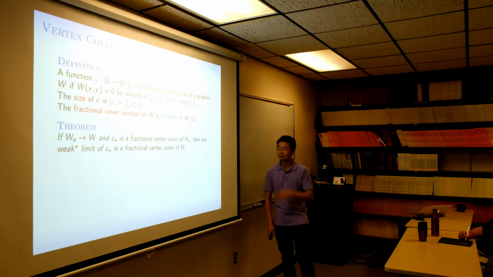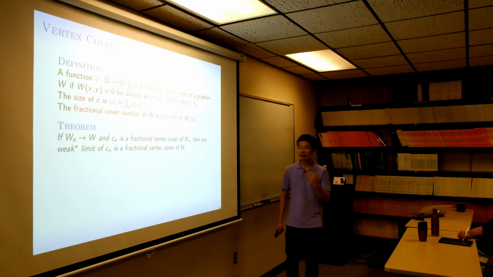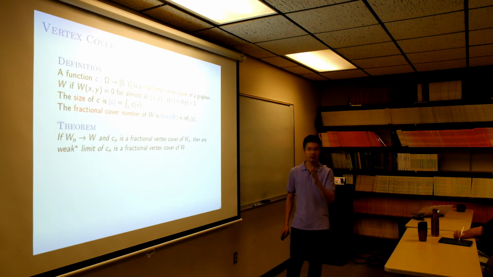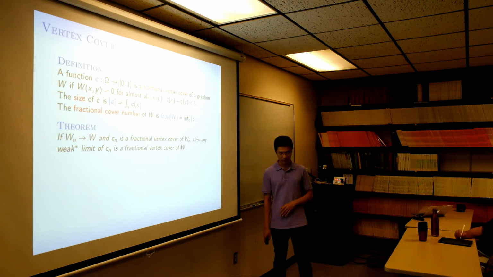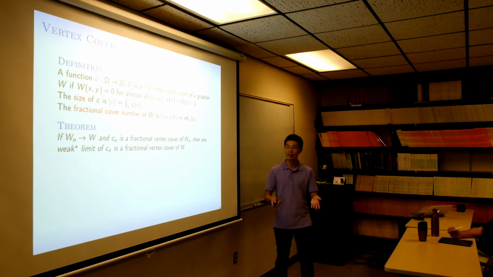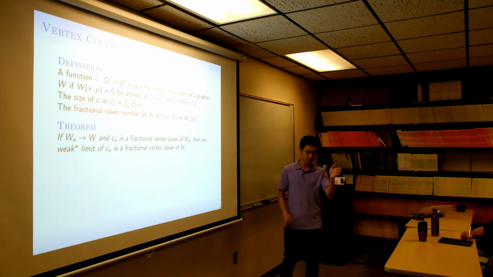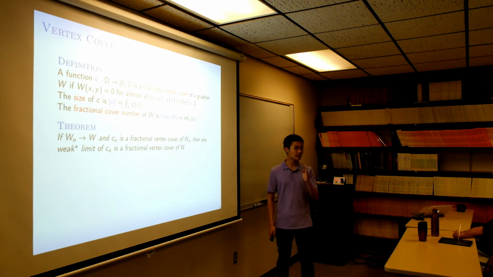We say, if you have a convergent sequence of graphons Wn converging to W, and Cn is a fractional vertex cover of Wn, then any limit of Cn is a fractional vertex cover of W. That means you have a convergent sequence of graphons to W, and for each graphon Wn you have a fractional vertex cover. Then you can take a limit, and it will be a fractional vertex cover of W.